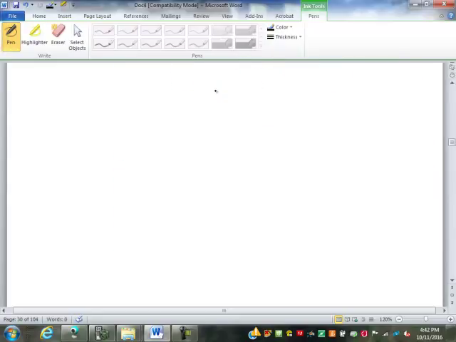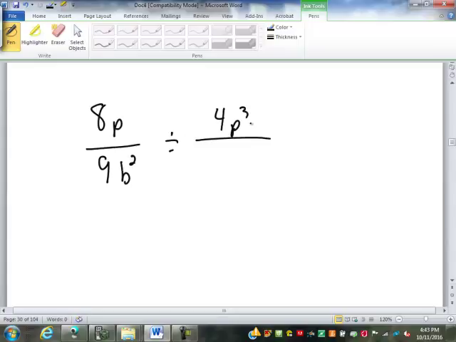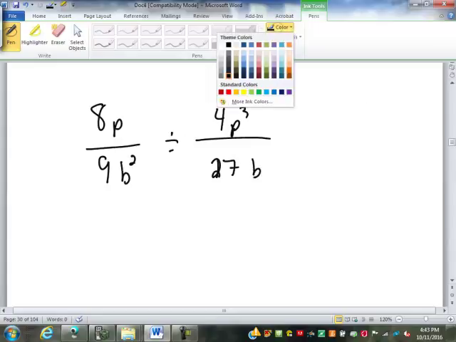You may have to divide something like 8p over 9v squared divided by 4p to the third over 27b, like that.